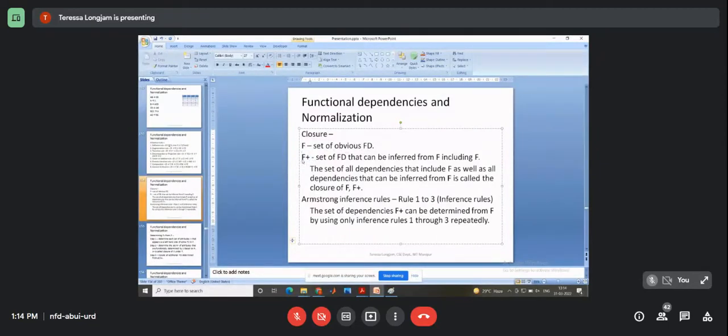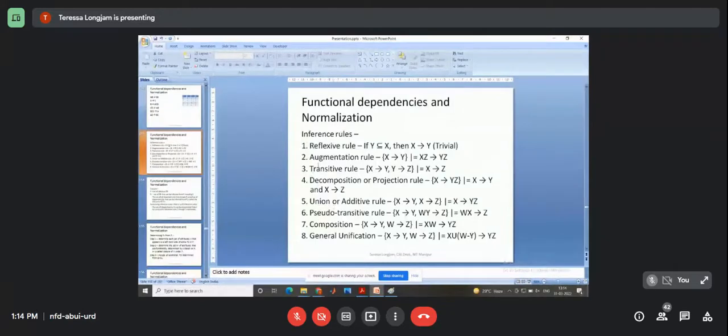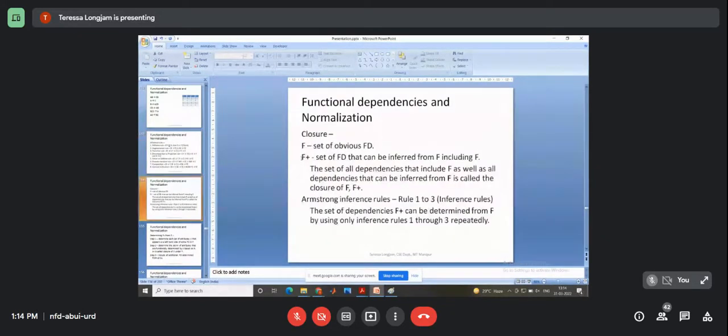So how are we going to find this closure of F? We can find it by using inference rules. By using inference rules, we can find the closure of a functional dependency set F, which is represented by F plus. Now, what is this F plus?